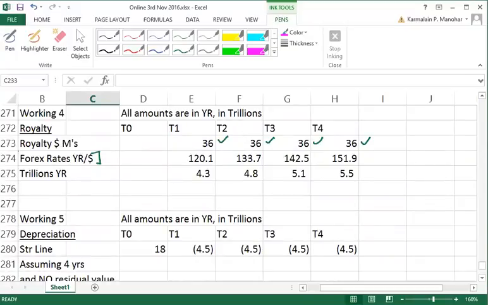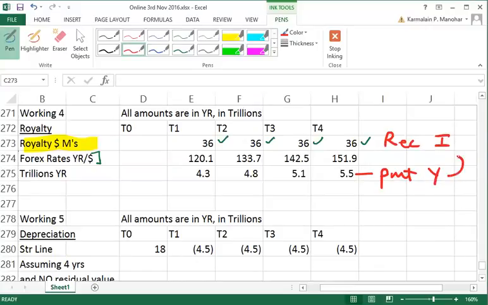So therefore, these amounts in dollars, in millions again, will be received, right? On one hand, while in YR it's a payment, in Y it's a receipt to I, right? So it's going from Y to the head office company M-money.